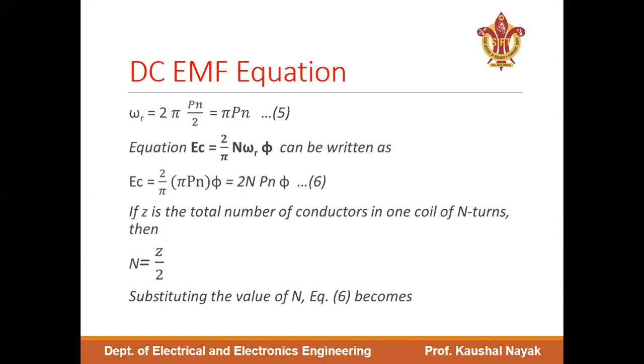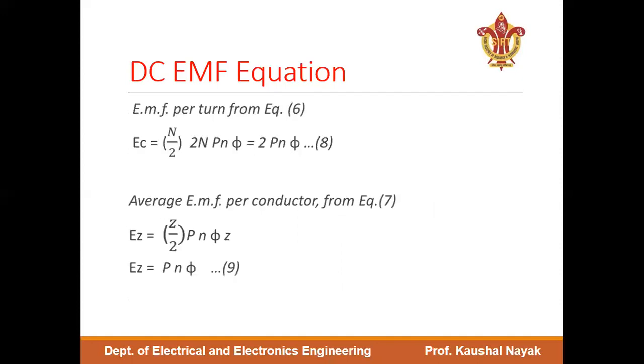This equation can further be modified by replacing omega r by 2 pi f, where f is equal to Pn upon 2. So replacing omega r equal to pi Pn, the equation for EMF per coil can be modified to 2N Pn phi.